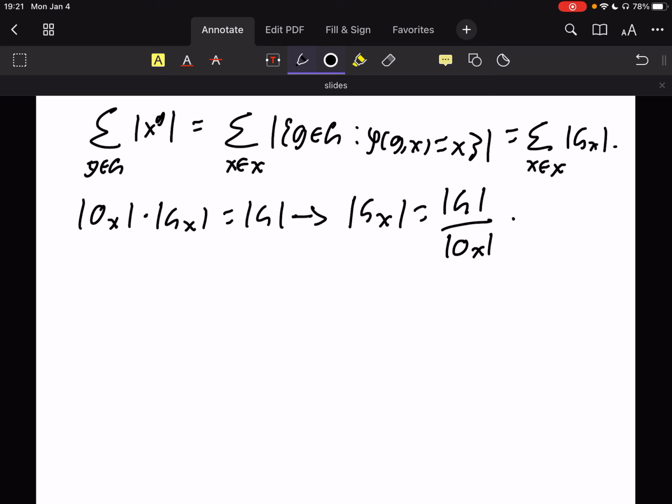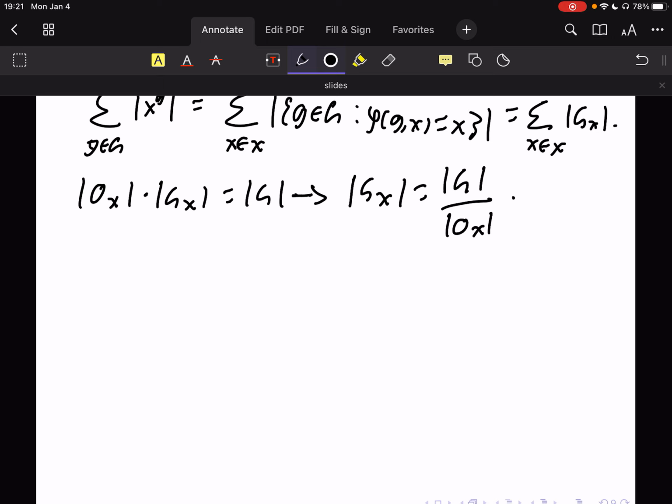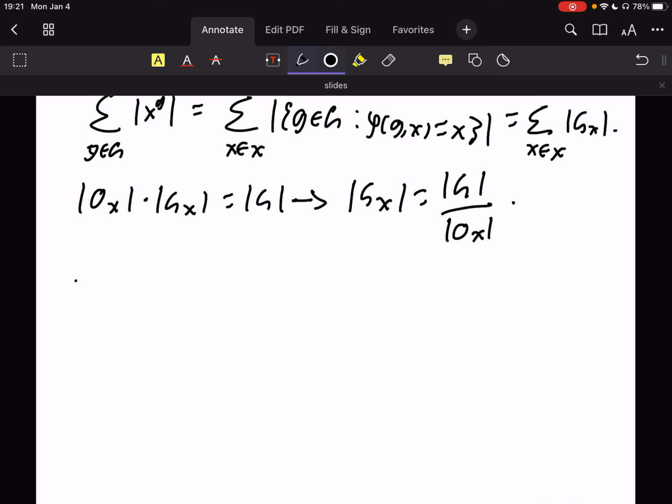So if we substitute that into the sum, we can pull out the |G| because it doesn't change as we go through each of the objects in the set X. So you can just rewrite the sum again as |G| times the sum for x in X of 1 over |O_x|.